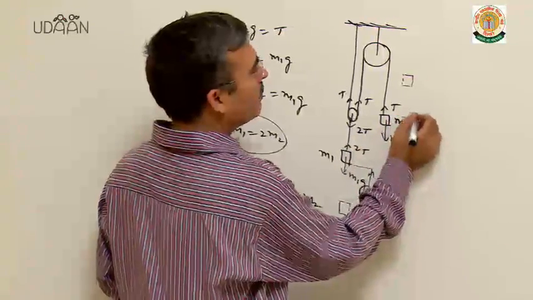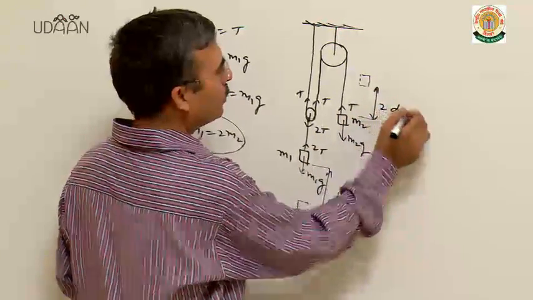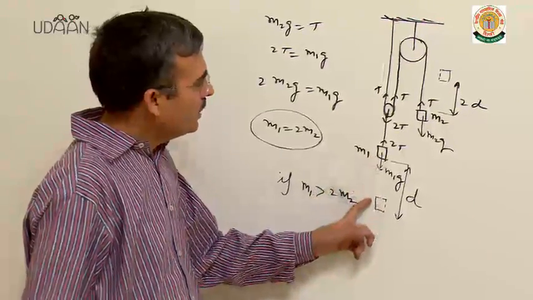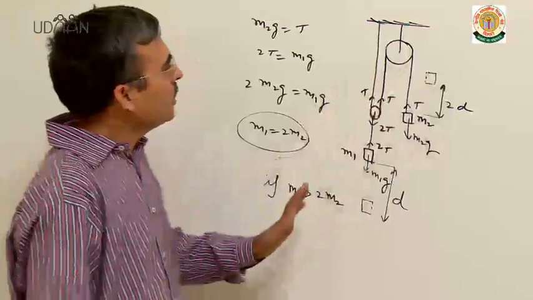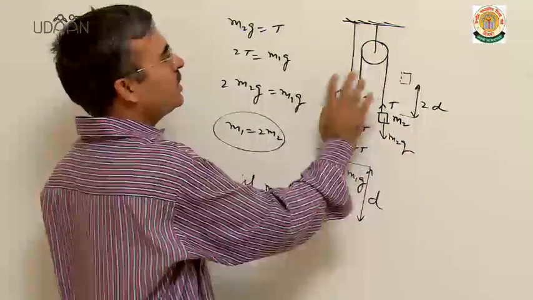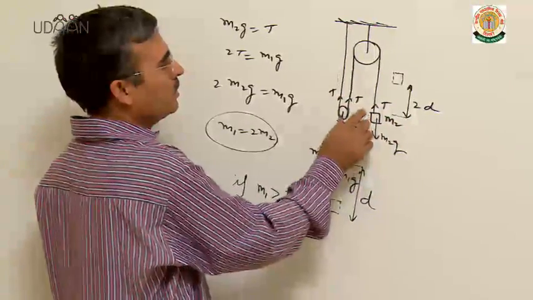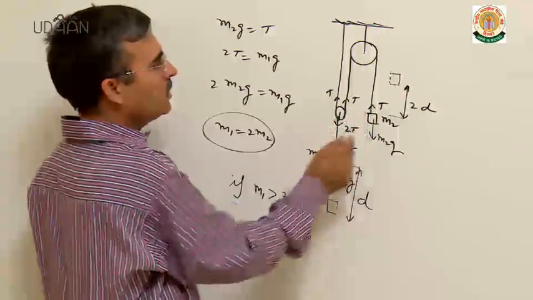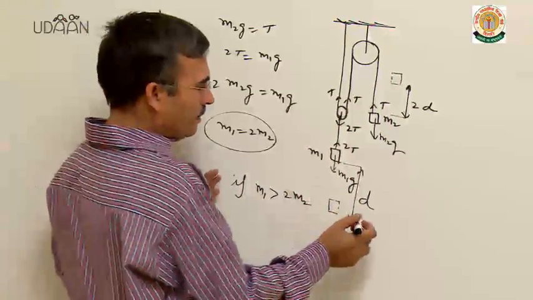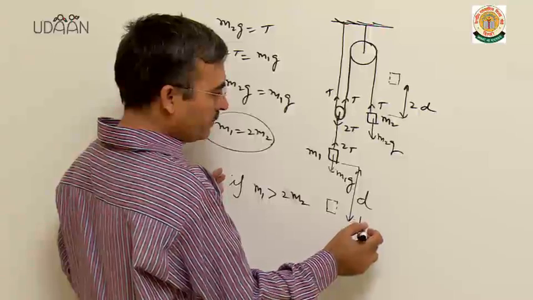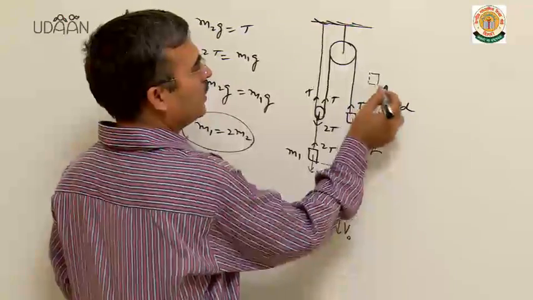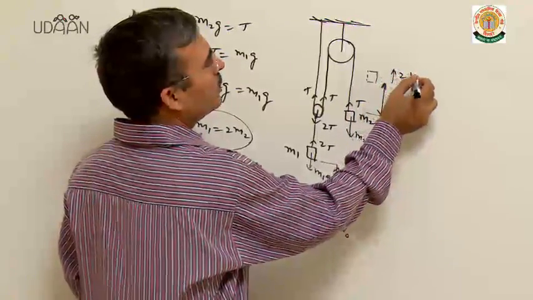M2 ब्लॉक विल गो अप बाय 2D. अगर ये ब्लॉक D नीचे जाता है तो इसे 2D जाना होगा, जिससे कांस्टेंट रिलेशन, लेंथ ऑफ द स्ट्रिंग रिमेन्स कांस्टेंट. सो बाय दिस कांस्टेंट रिलेशन इट हैज टू मूव बाय 2D. अगर मैं इसकी स्पीड v0 मान लीजिए, तो इसकी स्पीड होगी यहाँ पर 2v0.